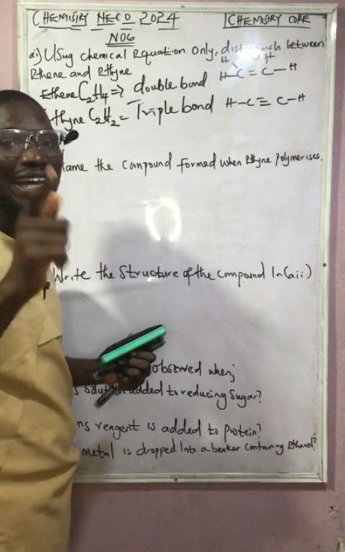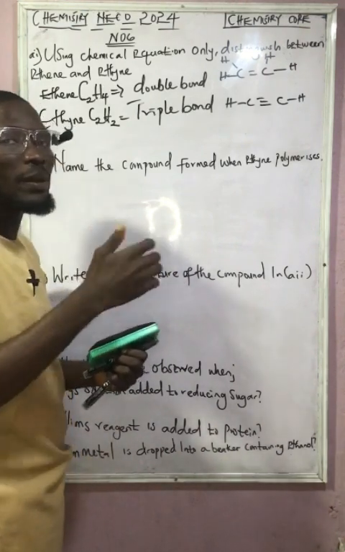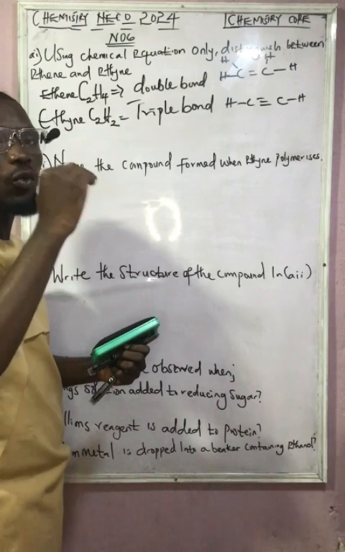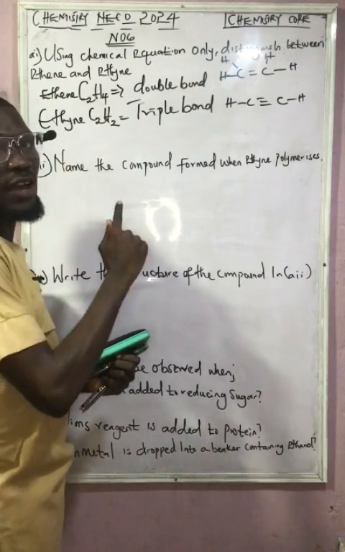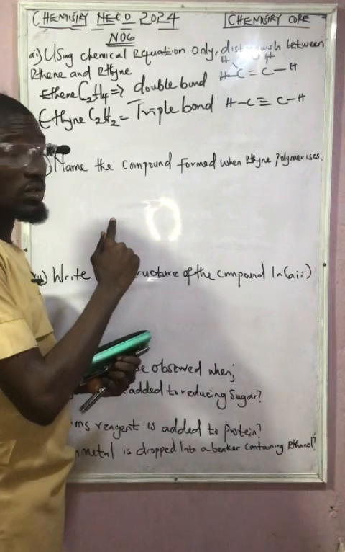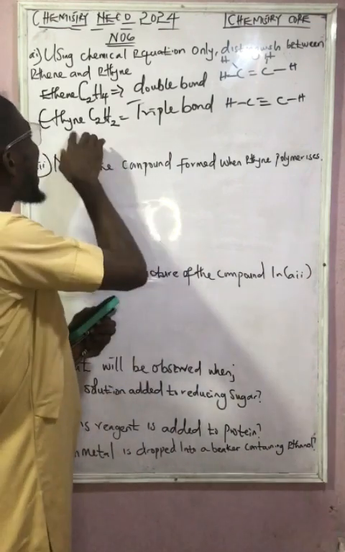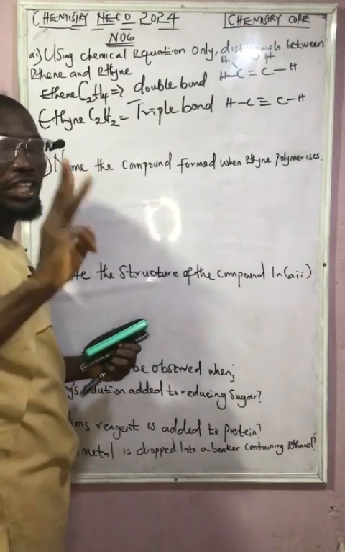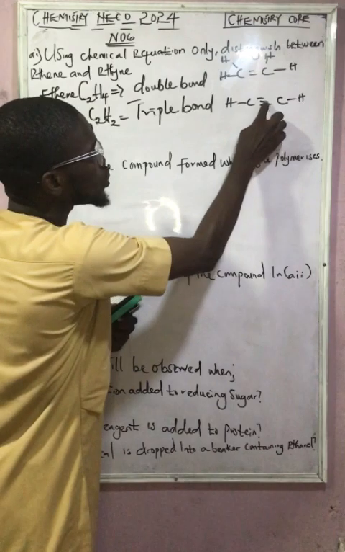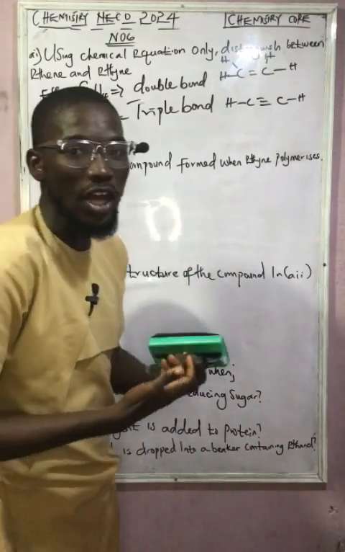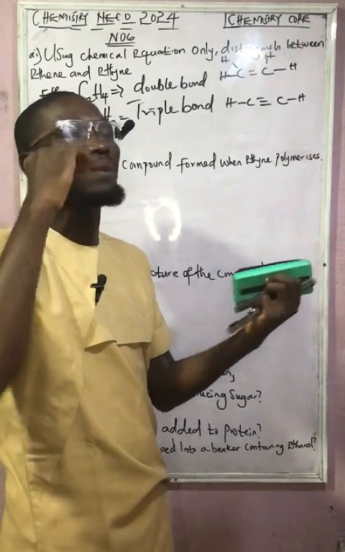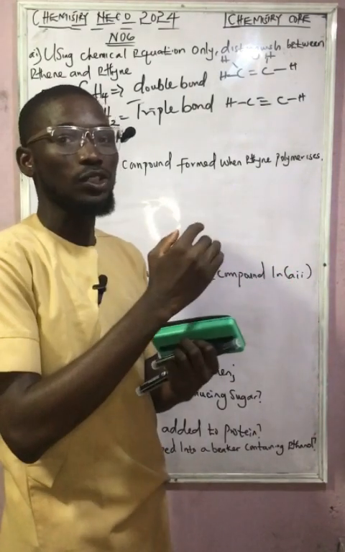And if you are an undergraduate out there preparing for the 2025 WAEC, NECO or JAMB examination, this particular video is for you. Is that clear now? And every ethyne has a triple bond, which will be 1, 2, 3. And note one thing, I dropped a video earlier on how you can easily identify the pi bond and the sigma bond. Is that clear?